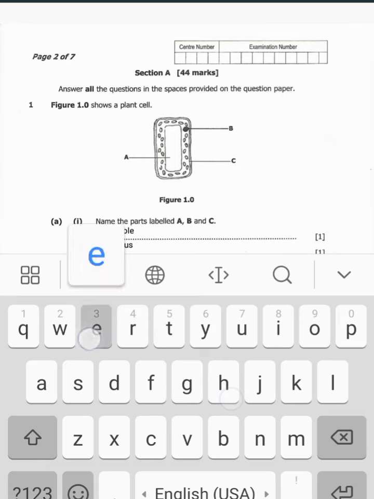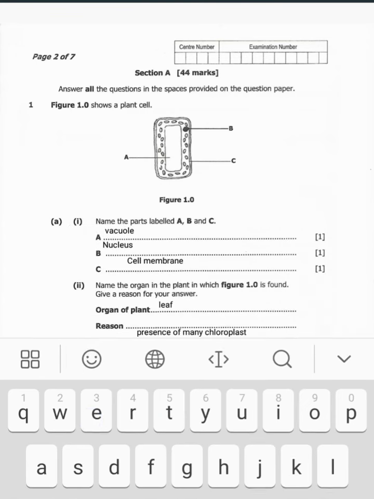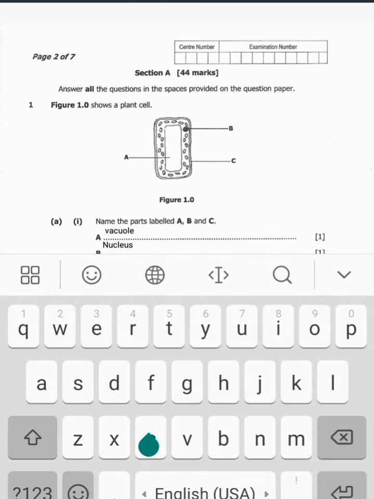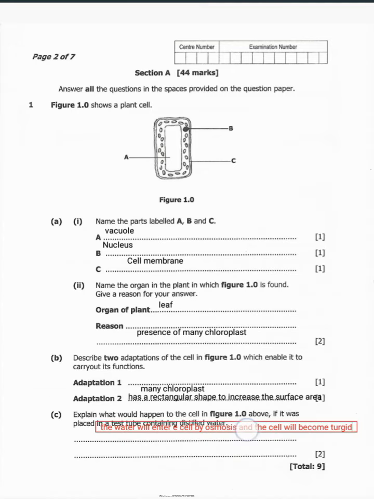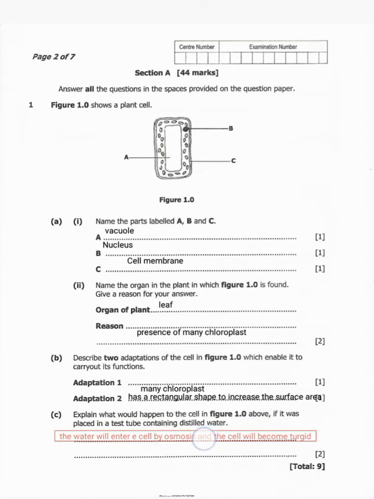So the water will enter the cell by osmosis, and the cell will become turgid.